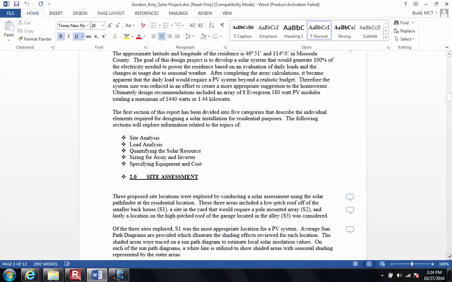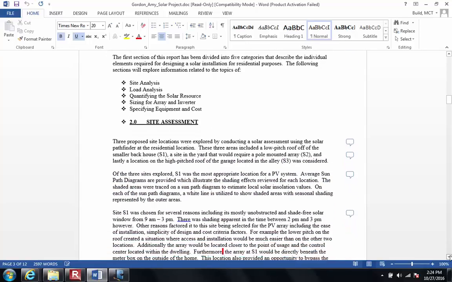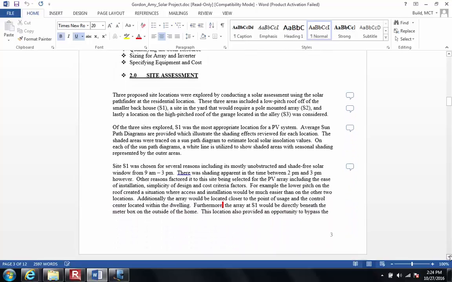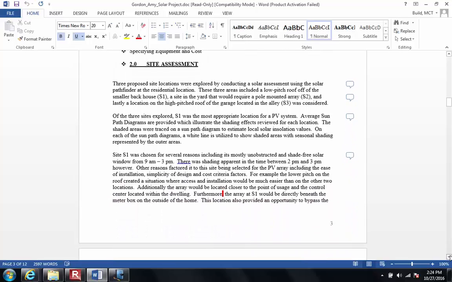So the first thing we do is a site assessment, taking a look at it and saying, okay, what's available. So you can see she broke it down into 3 areas that might be usable. One was a low pitch roof off the back house, a site in the front yard that would be a pole mount array, and then a location on the high pitched roof of the garage.